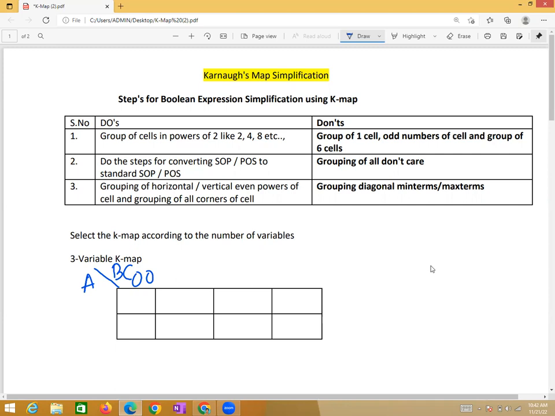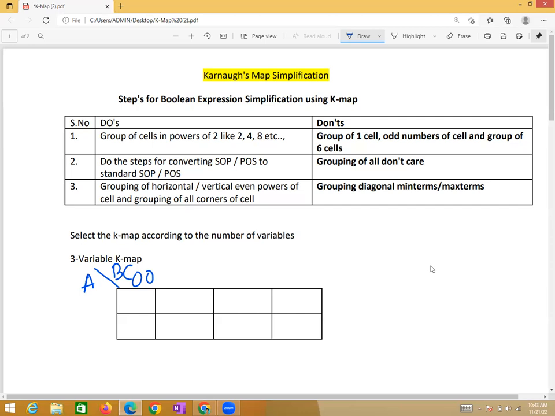And what are the steps for grouping the K-map cells? First, grouping of cells in powers of 2, like 2, 4, 8, is possible. And also the steps for converting SOP to POS and POS to SOP.